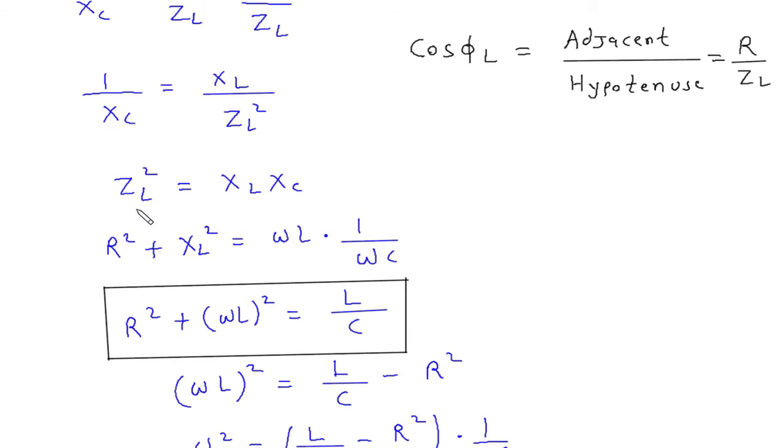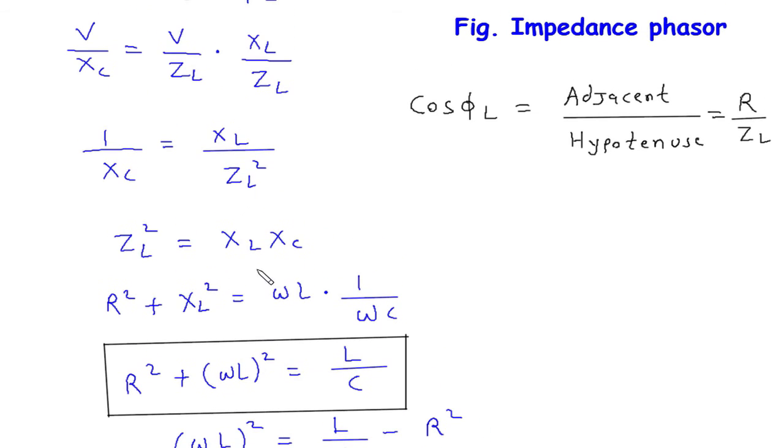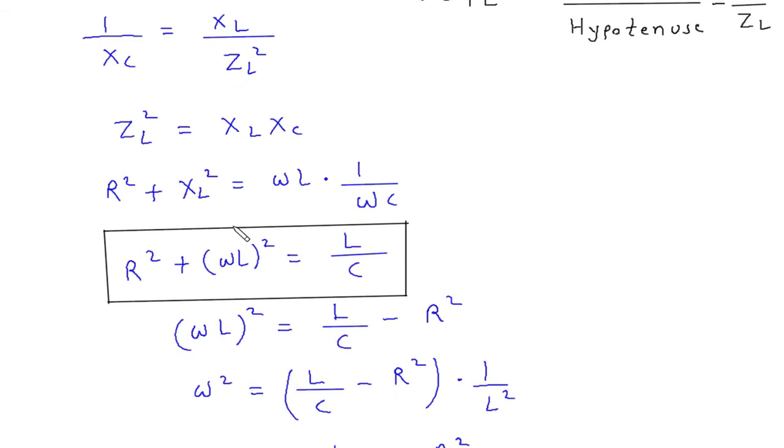Now ZL square is equal to R square plus XL square, and XL is omega L, XC is 1 upon omega C. This is the formula for inductive reactance and this is the formula for capacitive reactance. Now XL can be replaced by omega L. Omega is the angular frequency, and this omega and omega will get cancelled, so we get L by C.